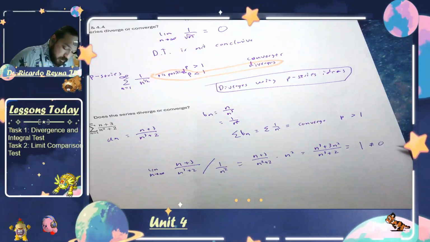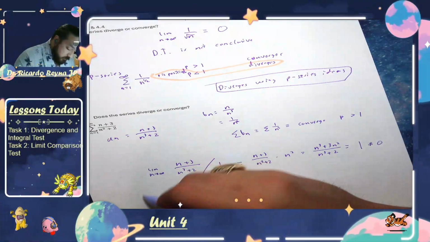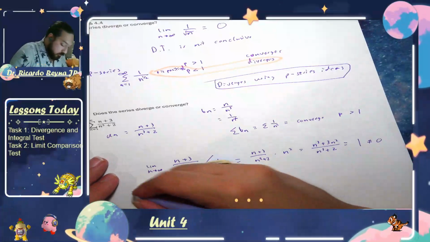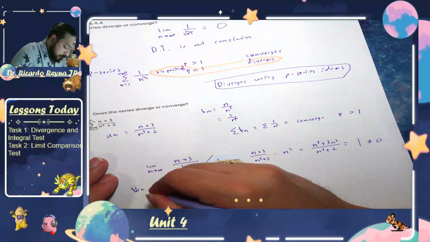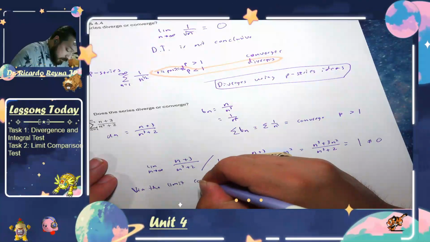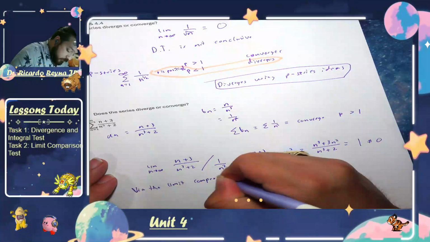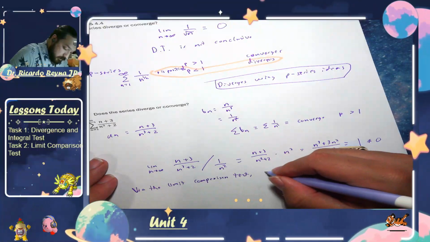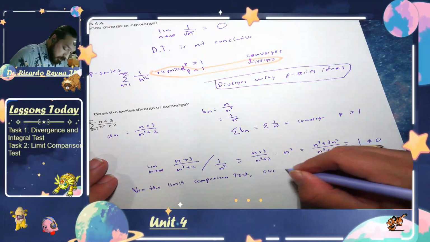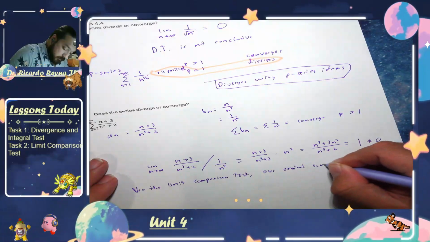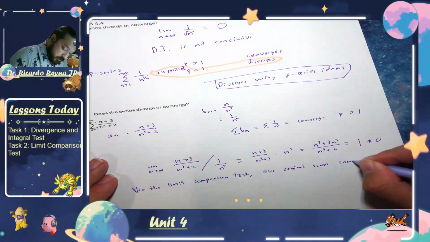And 1 does not equal 0. So therefore, these guys have to match. So via the limit comparison test, our original sum converges.